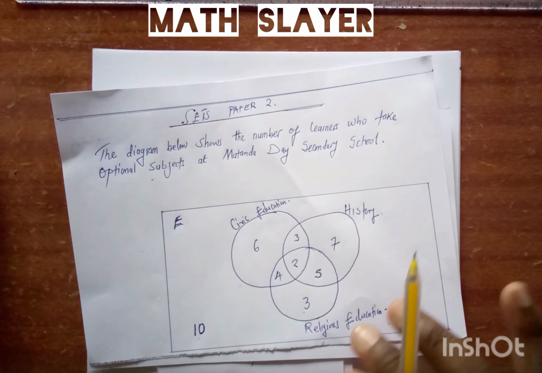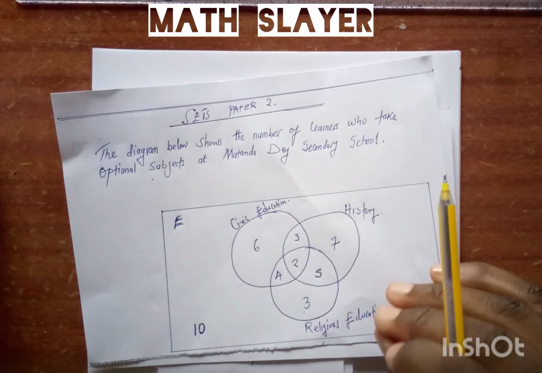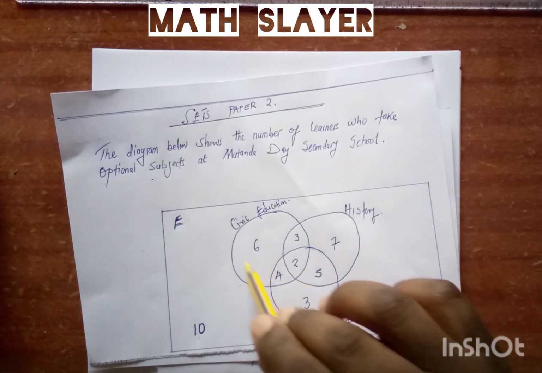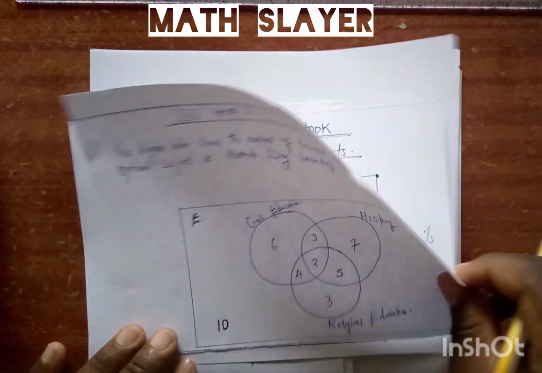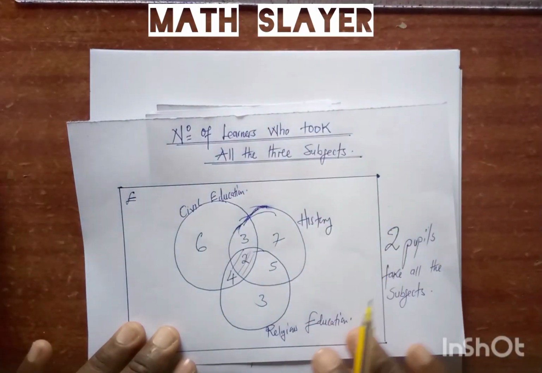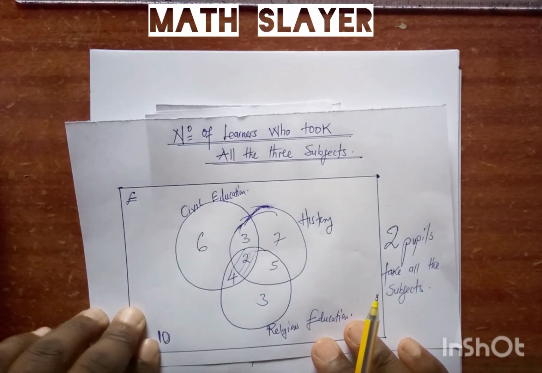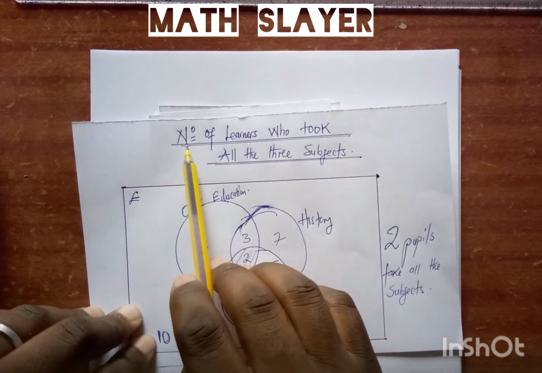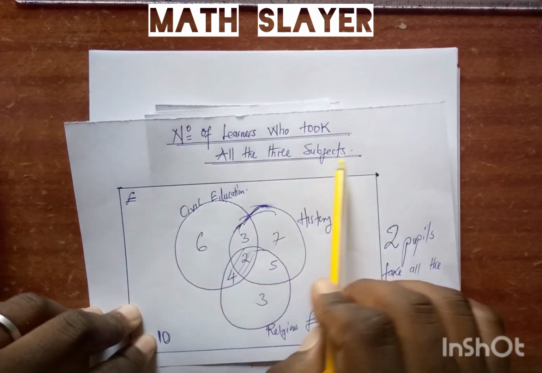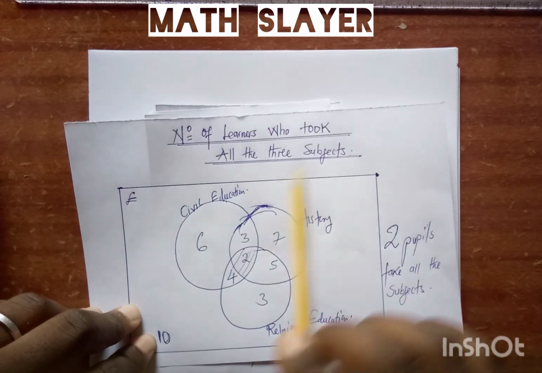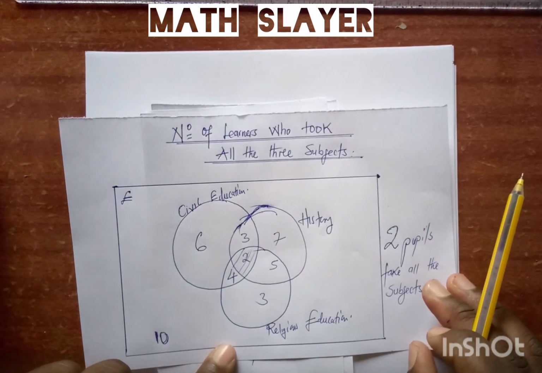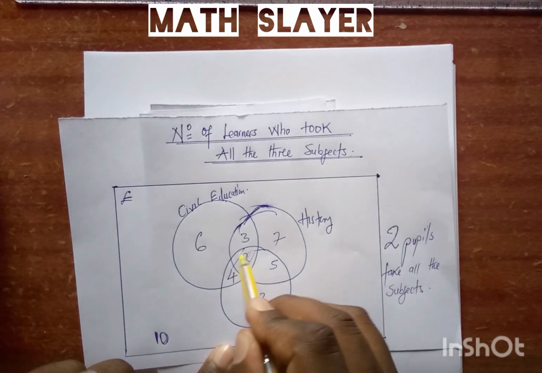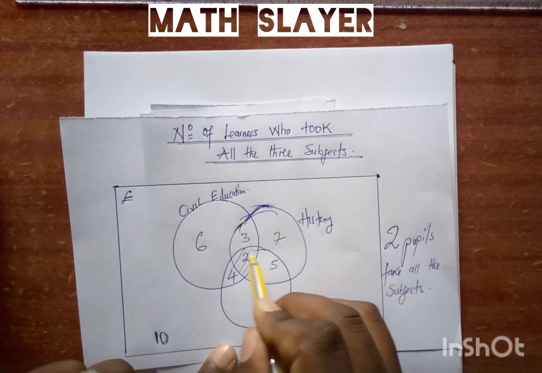So my duty today is to explain what each and every area inside this Venn diagram stands for. I'll start with a situation where you are asked to find the number of learners who took all the three subjects. For you to identify that number, you need to go to the middle area, this area which I've shaded here.